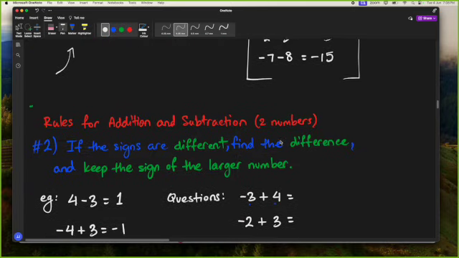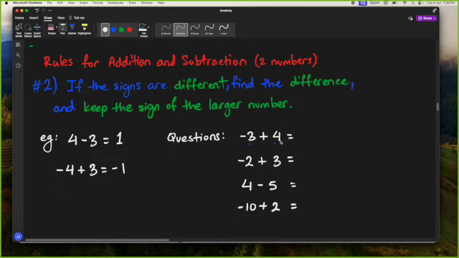But what if the signs are not the same? What if the signs are different? So rules for addition and subtraction. Please write your notes. If the signs are different, what you're going to do, and I'm rubbing off these answers here, is find the difference.